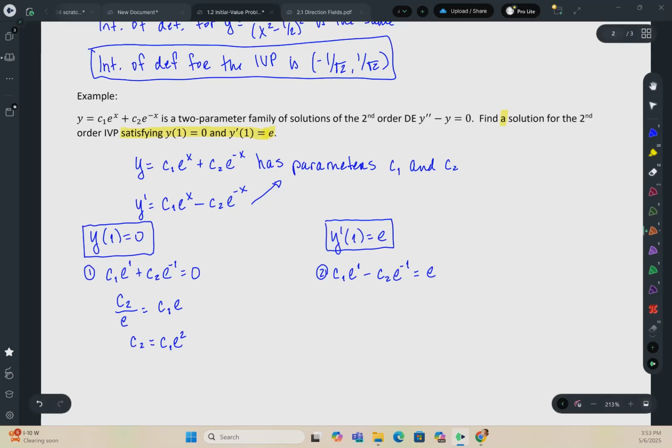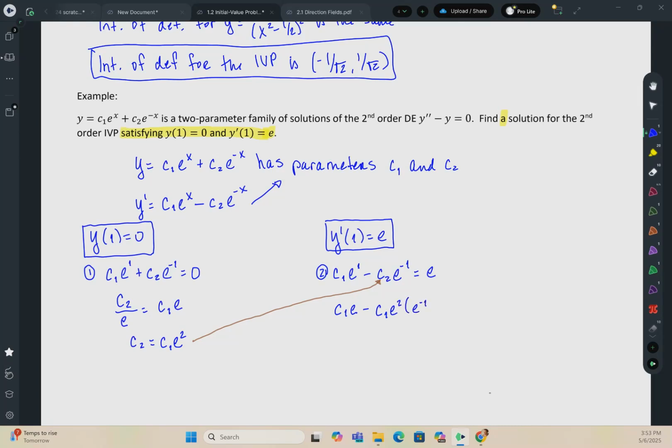Okay, I'm using the substitution method to solve for C1 and C2. I got C2 in terms of C1. Now I'm going to substitute that into my second equation and see if I can solve for something. All right, so if I substitute this in, then I get C1e minus C2 is now C1e squared times the e to the minus 1 that was already there, and this is equal to e.